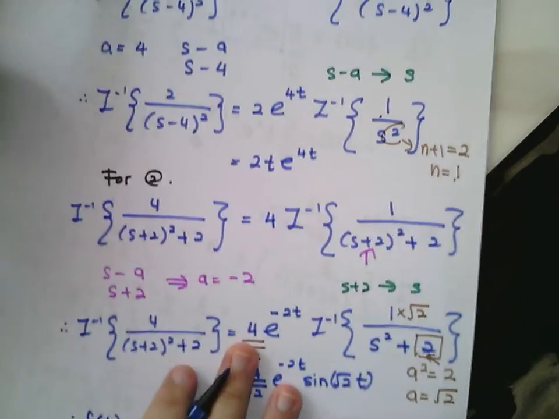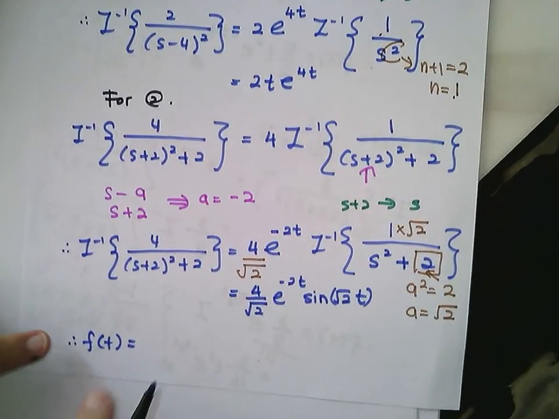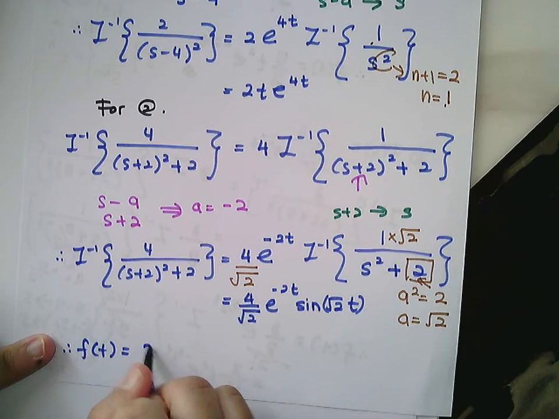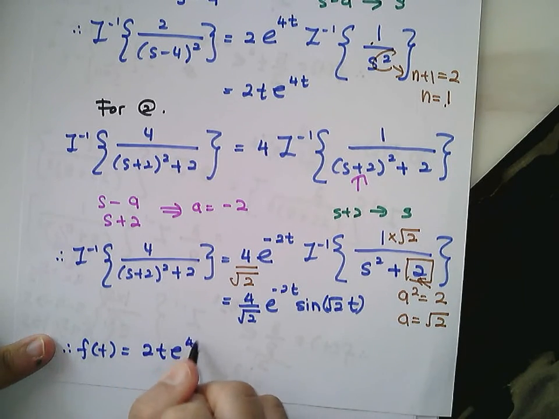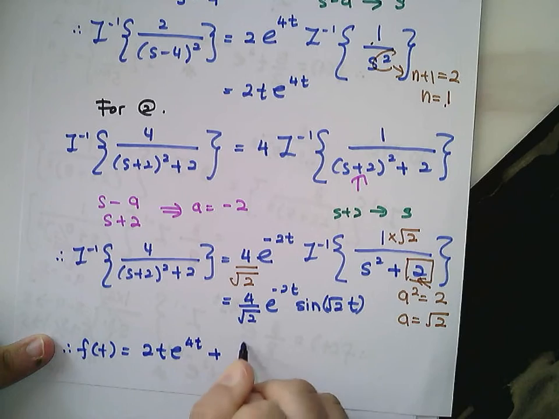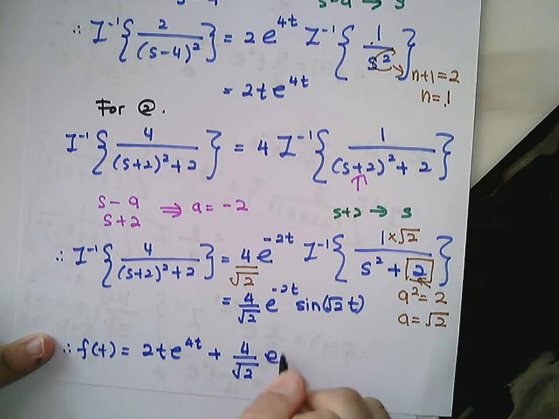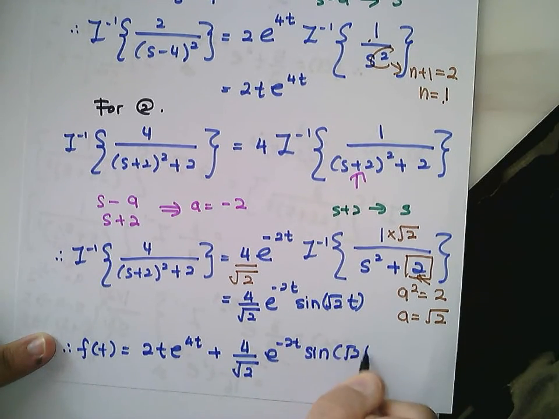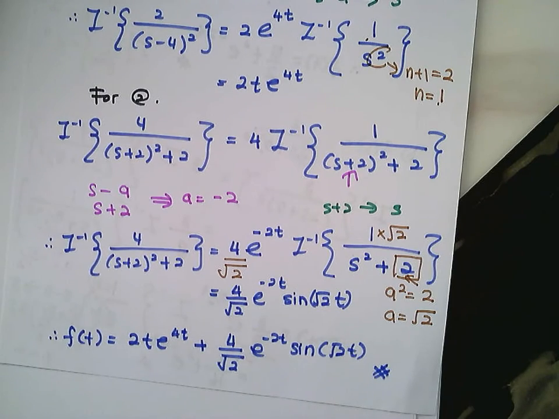So inverse of Fs you will have Ft. So therefore your Ft is equals to 2t exponent 4t plus 4 over root 2 exponent negative 2t sine root 2t. Okay, that's all.